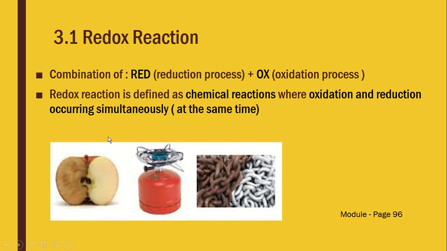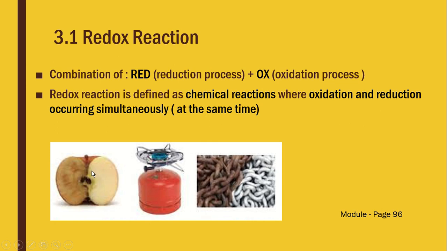Okay, so these are a few examples of the process of redox in our daily life. The first one is the oxidation of the apple. We usually see that when we cut an apple and leave it in the environment, it will turn brown, right?